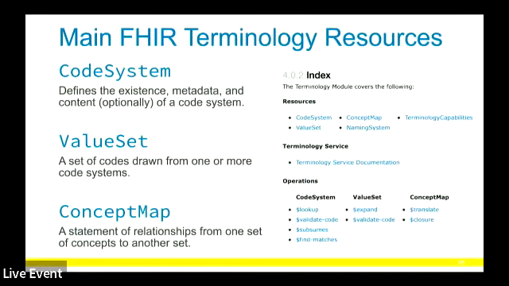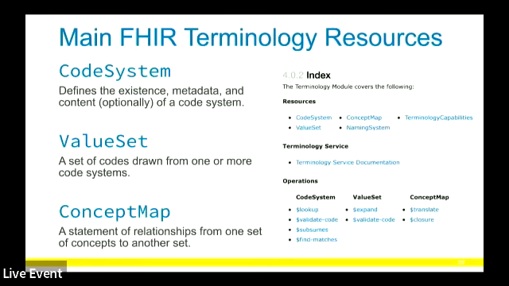And so in the FHIR specification, the terminology module includes the primary terminology structures and operations. We're going to talk about the big three, the CodeSystem resource, the ValueSet resource, and the ConceptMap resource, and some of the key operations that can be used alongside of those resources.